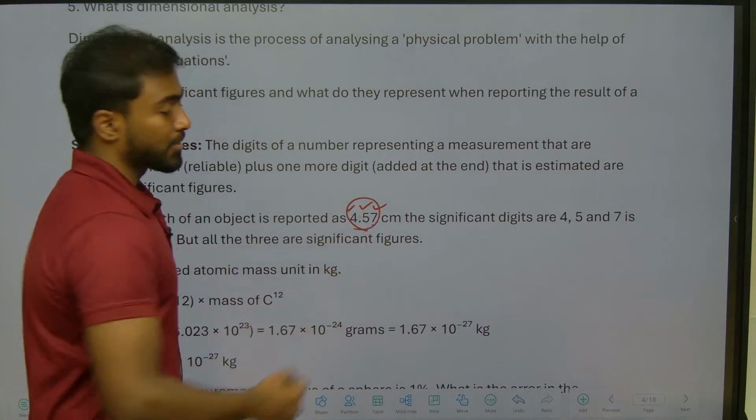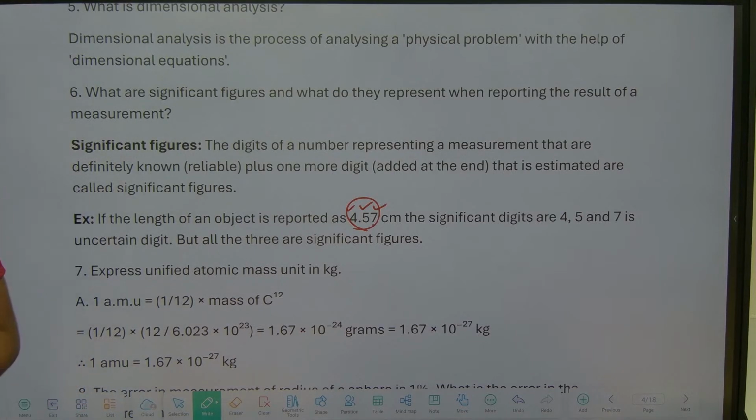So this is how we measure significant figures. Got it? Okay, the next question.